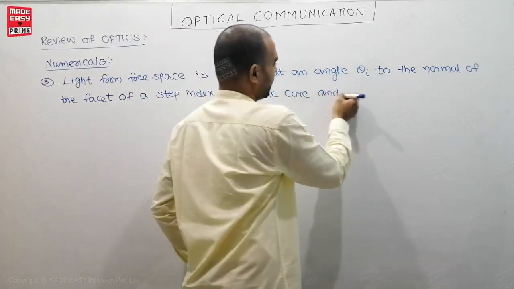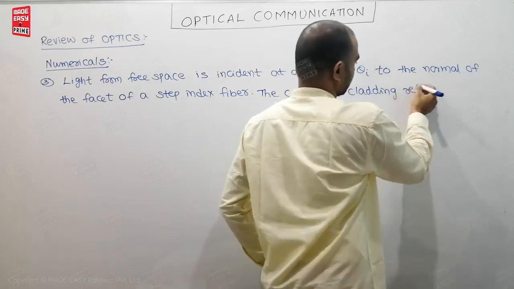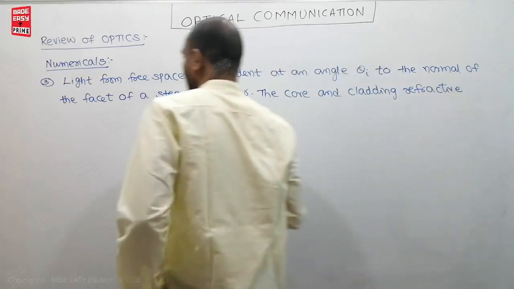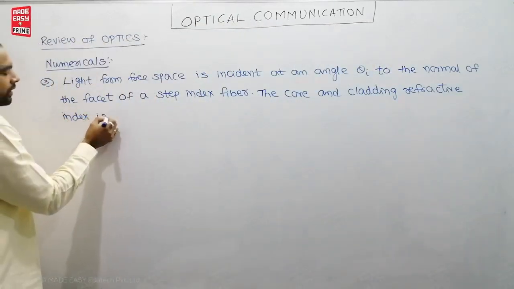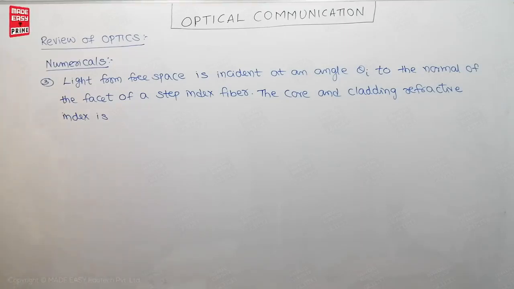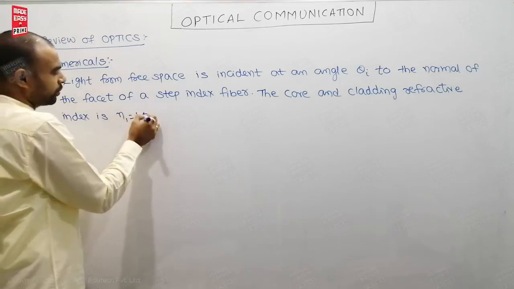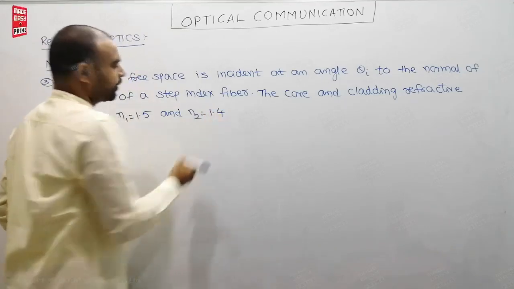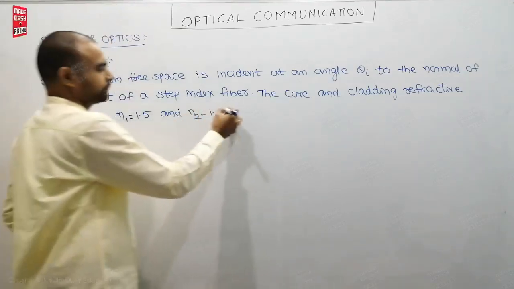The core and cladding refractive indices are N1 equal to 1.5 and N2 equal to 1.4 respectively.